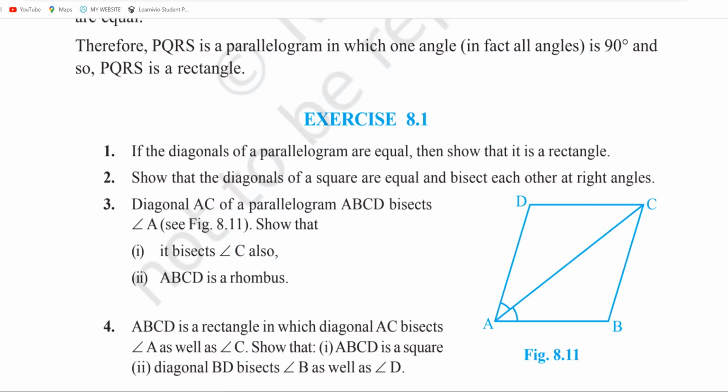So, I'm not understanding what we should prove. Rima, what are you saying? What do we have to prove?